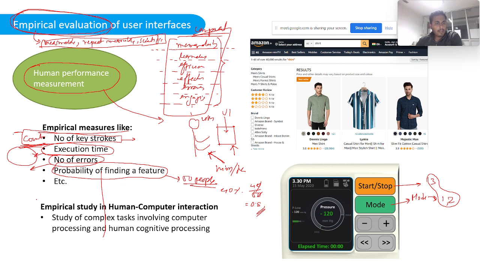Basically, what we are trying to do here is an empirical study of human-computer interaction, which is defined as the study of complex tasks involving computer processing and human cognitive processing. See, designing a user interface for a designer is not just computer processing.